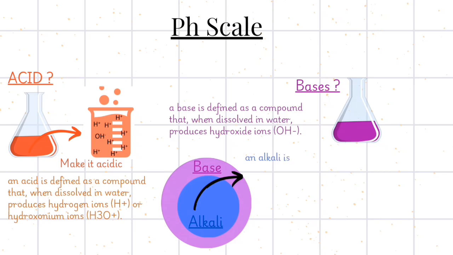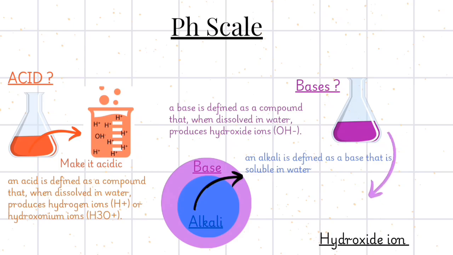So we would say that an alkali is a base that dissolves in water to form a solution with pH greater than 7. So, in conclusion, we would say that all alkalis are bases, but not all bases are alkalis. The difference is the hydroxide ion.